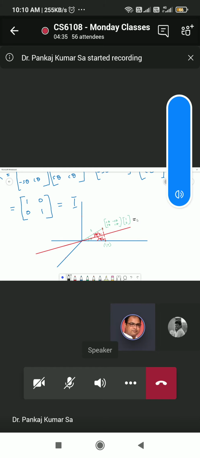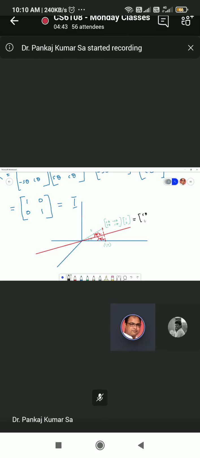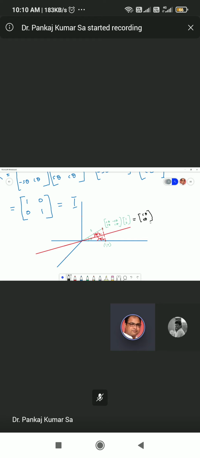What is that? This is equal to cos theta, sin theta. Before I go to the next step, what happens if there is another vector, let us say (0, 1)?